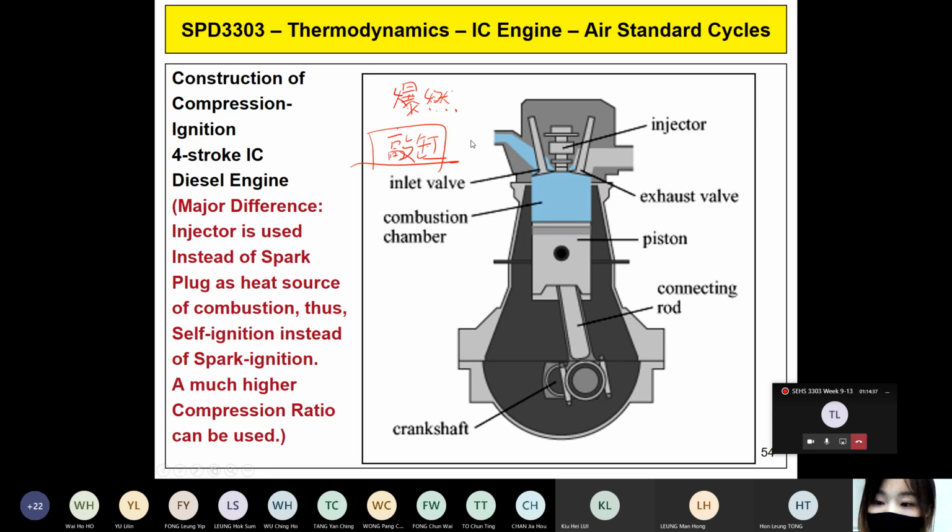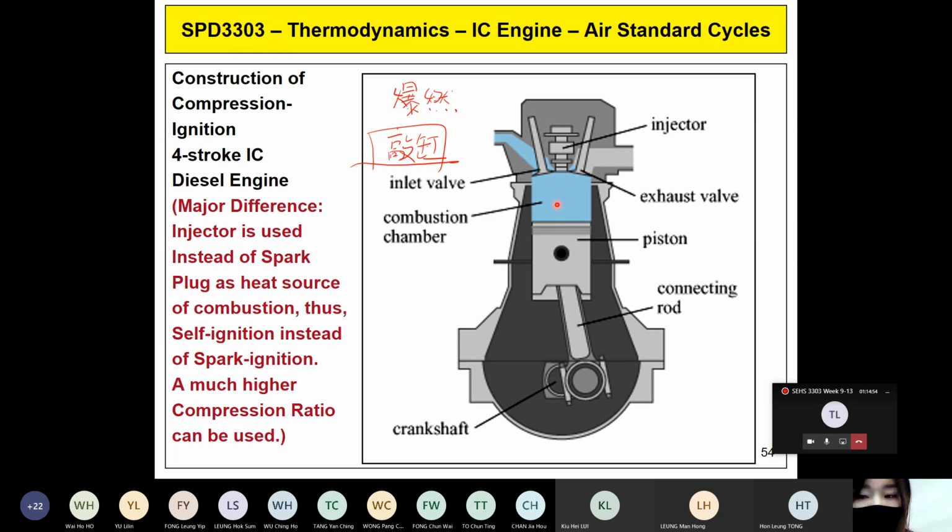Instead, only air is taken into the cylinder, and we compress the air to high temperature and high pressure.